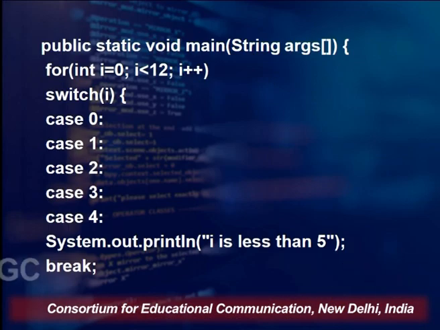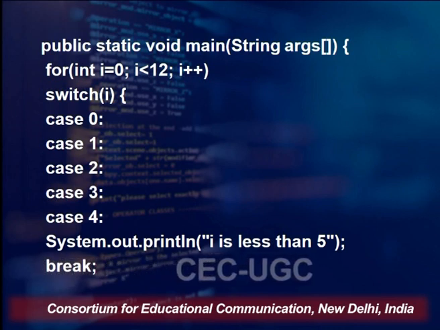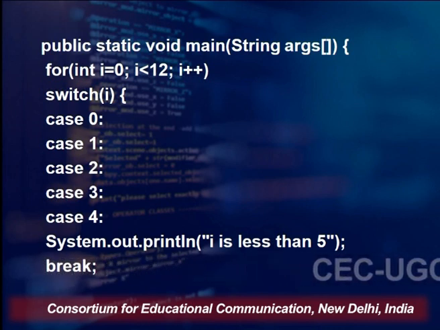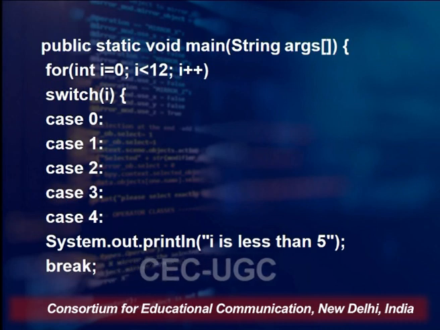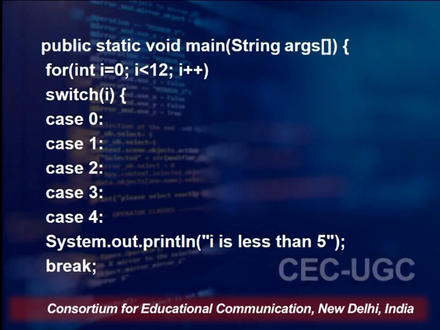For int I is equals to 0, I less than 12, you have I plus plus. On the basis of I, case 0, nothing here, no break, no statements. Then case 1, no break, no statements. Similarly for case 2, case 3, case 4.